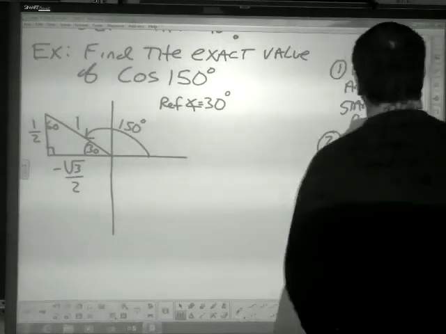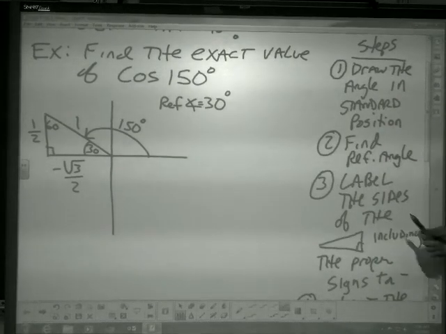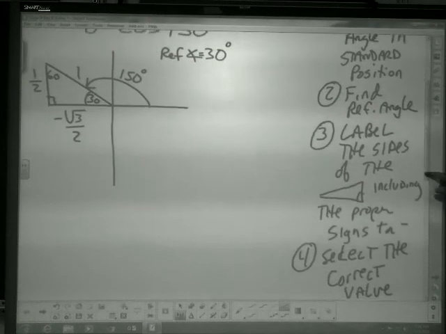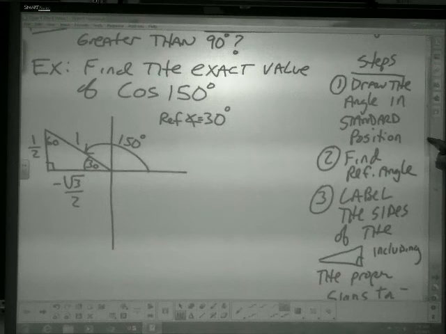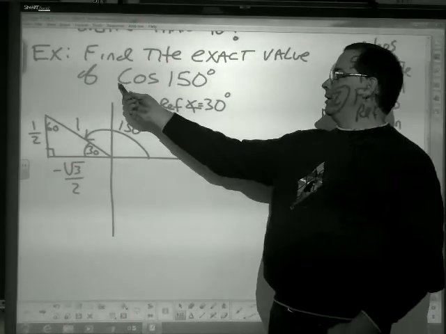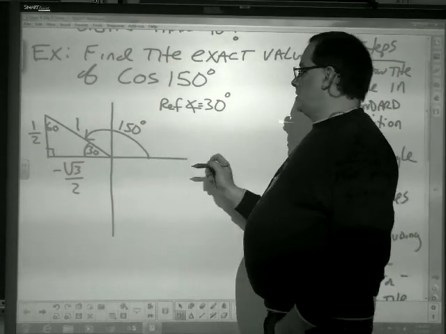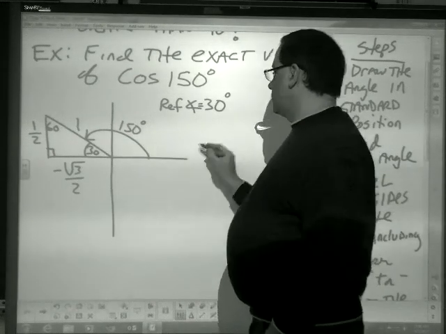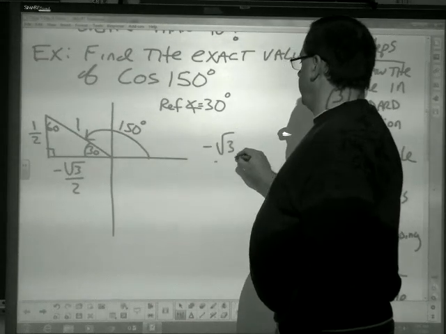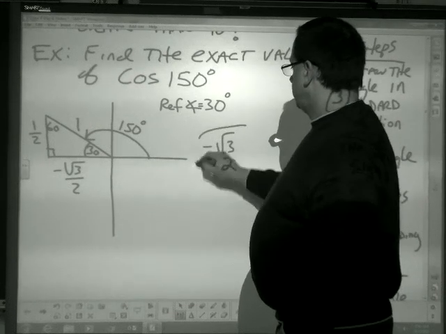So, I drew the angle, I found the reference angle, I labeled the sides of the triangle. Select the correct value. So now I go back, cosine. Cosine is my x. So the cosine of my x value is negative square root of 3 over 2.